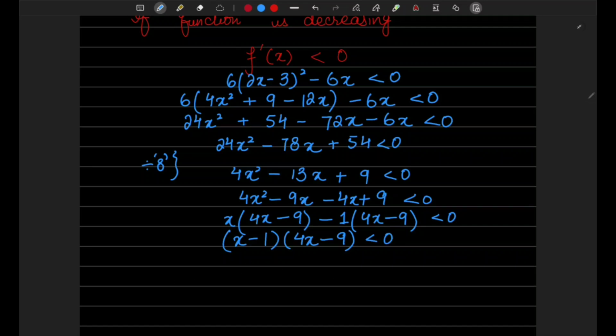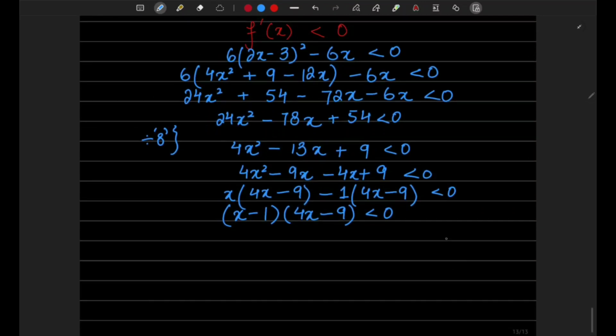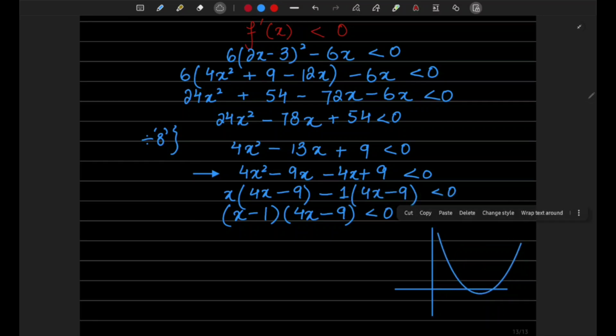As this is an inequality, we cannot solve it further like this. So we have to make a quadratic curve for it, because this is a quadratic expression.